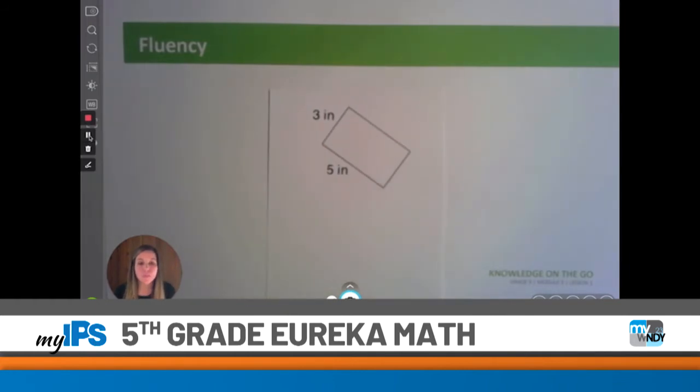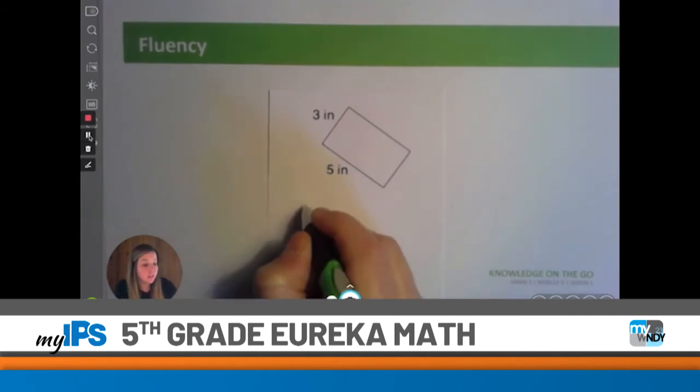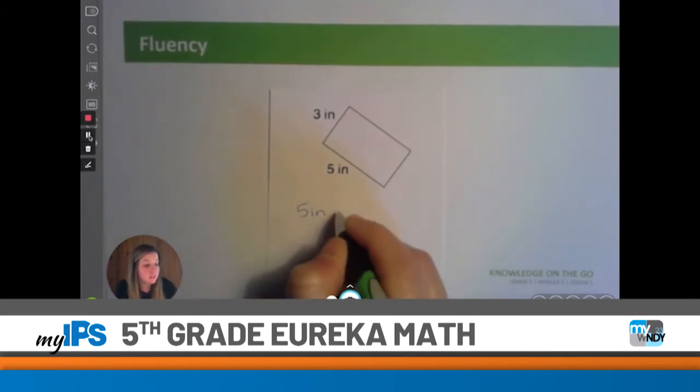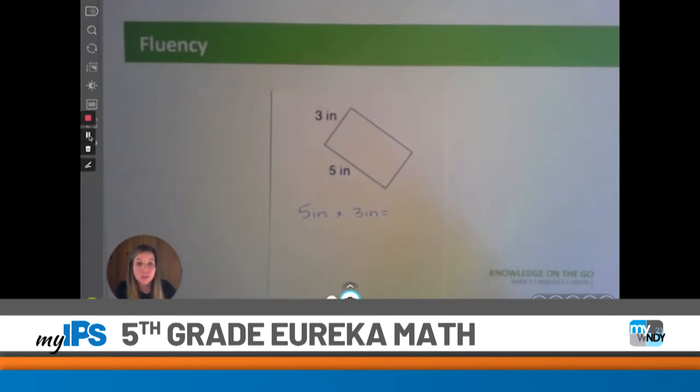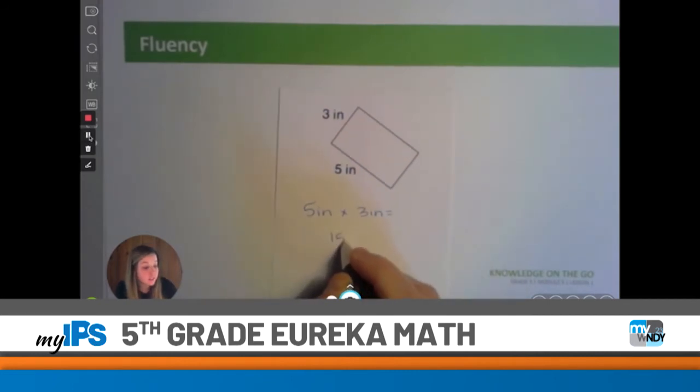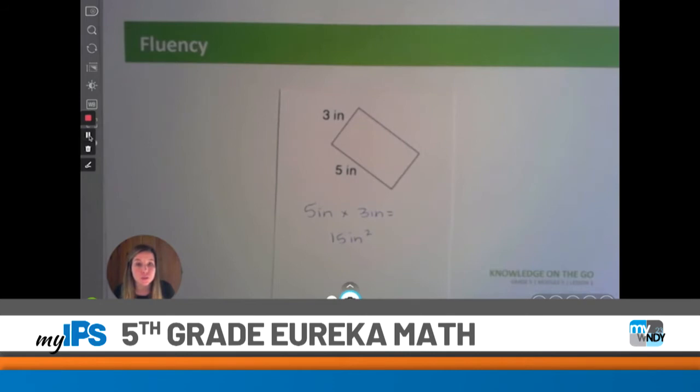Okay, find the area by writing a multiplication sentence, starting with the longer side. Okay, let's check. 5 inches times 3 inches equals 15 inches squared. So the area of this figure is 15 inches squared.